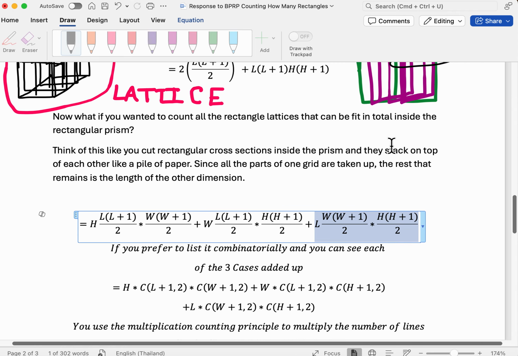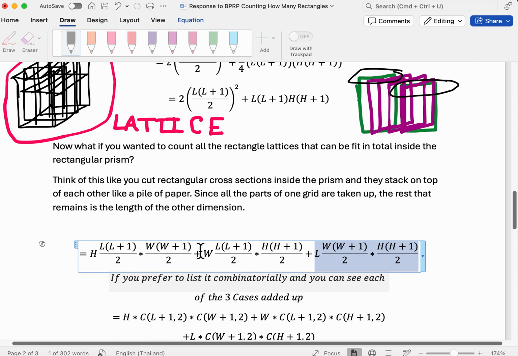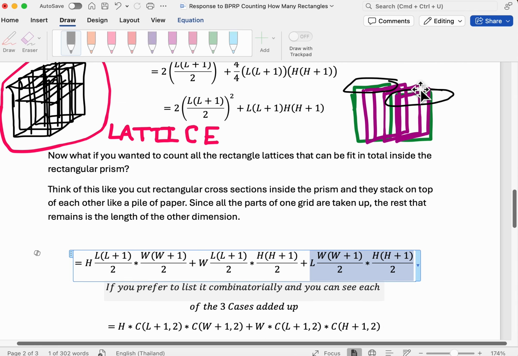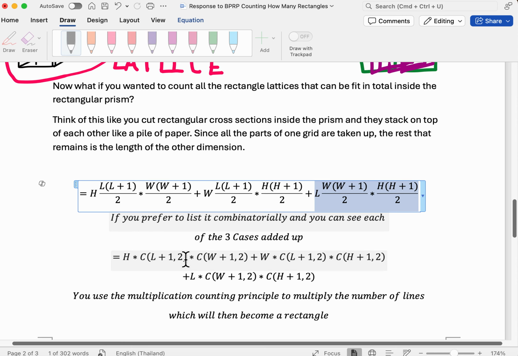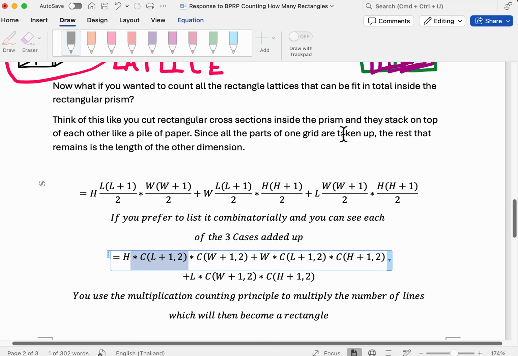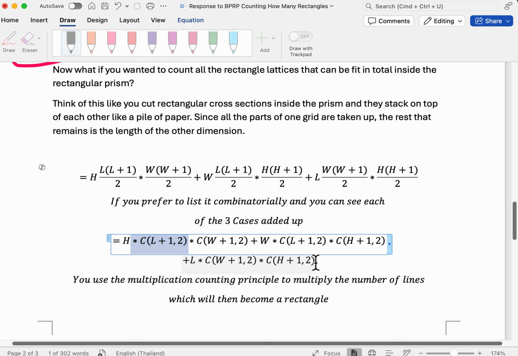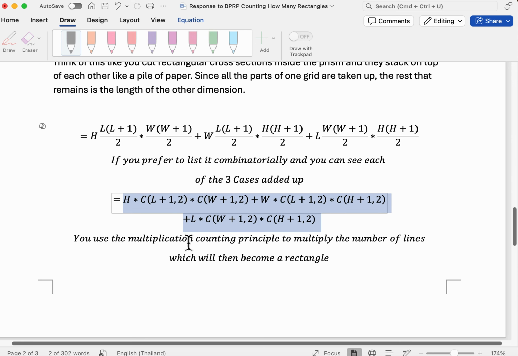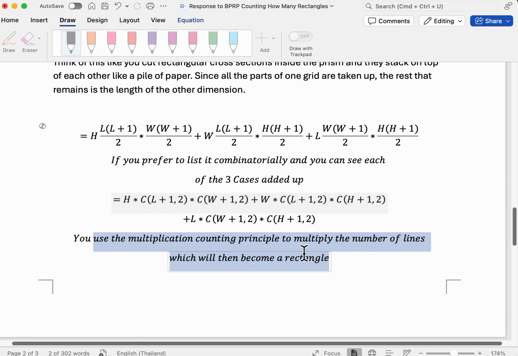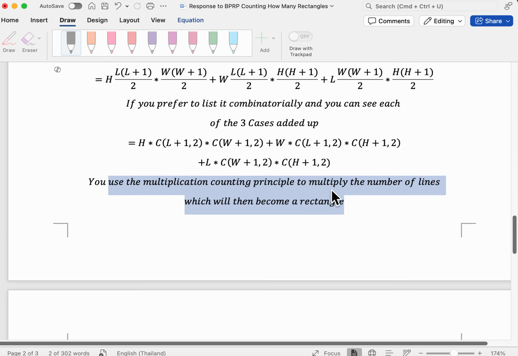So within a choice of L plus 1 lines, you have to pick two of them, and these can be multiplied by the other corresponding lengths, the height and the width and the length, and you get this particular equality. And this, just by a combinatorial argument, holds true. And yes, they multiply together by the multiplication counting principle, which allows them to become a rectangle.